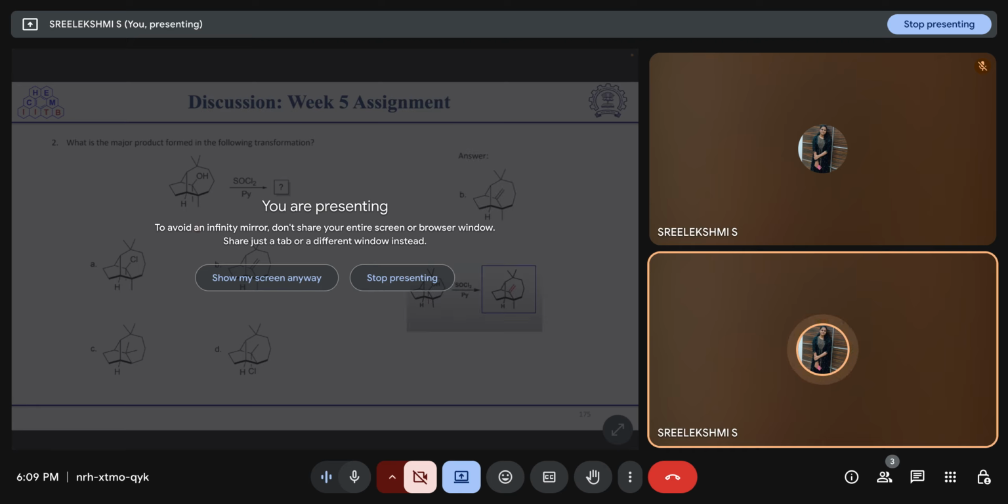So here the correct answer is option B. So what is happening? This is getting eliminated in this condition to form this double bond.